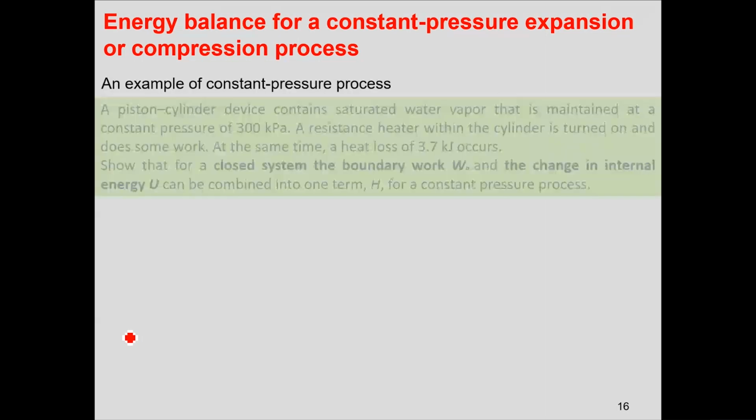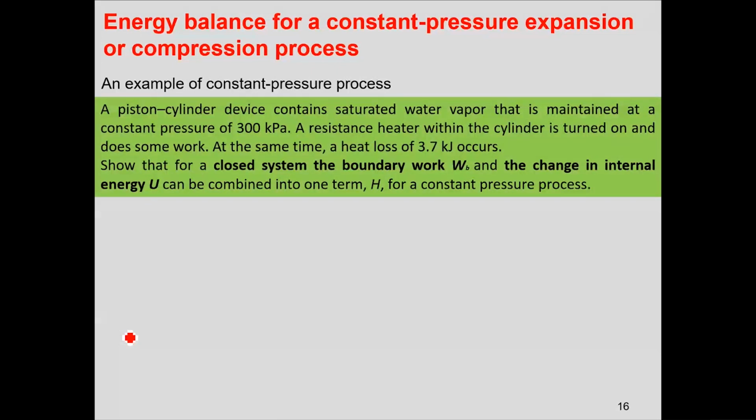We had looked into the constant pressure expansion or compression process with regards to the boundary work. There's a numerical associated with this problem. This is the statement of the numerical, which says the piston cylinder device contains saturated water vapor that is maintained at a constant pressure of 300 kilopascal.